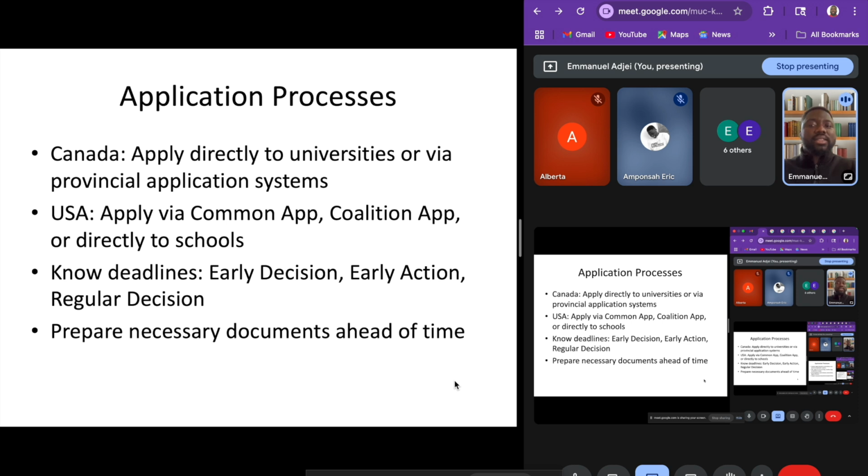You need to know deadlines. How many deadlines do we have? There's something called early decision, early action, regular decision. Very important. People don't take note of it. So if you go to a university website, there are various deadlines for a specific program.